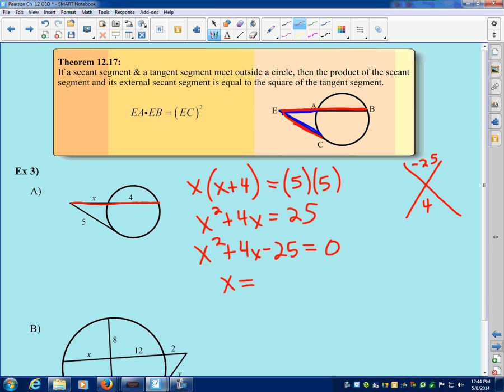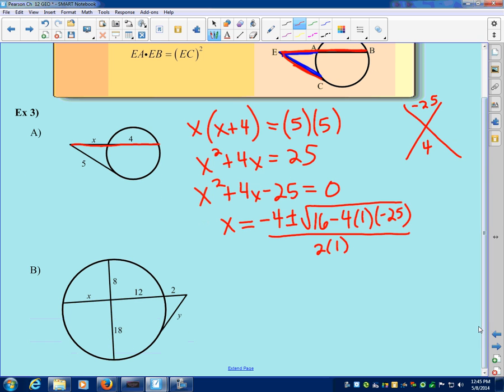Yeah, x equals negative b plus or minus the square root of b squared minus 4 times a times c, all over 2 times a. So x equals negative 4 plus or minus square root.